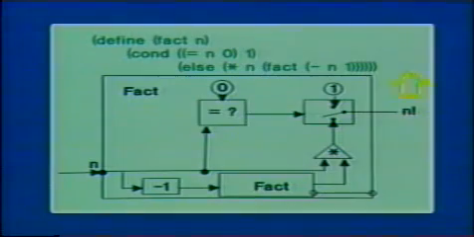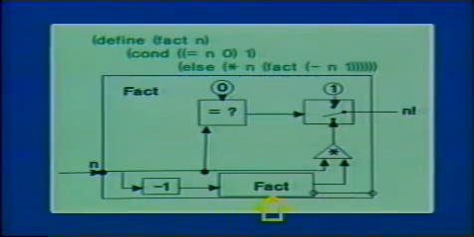And we can look at that a little bit and just see the idea that this is a compact notation which says if n is 0, the result is 1. Well, here comes n coming into this machine, and if it's 0, then I control this switch in such a way that the switch allows the output to be 1. Otherwise, it's n times factorial of n minus 1.